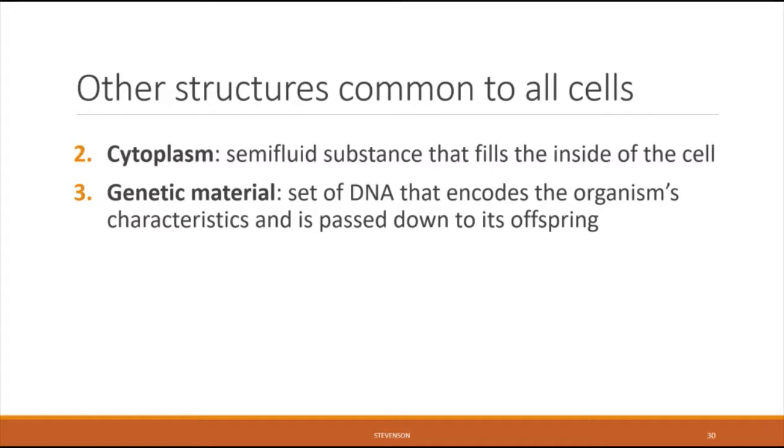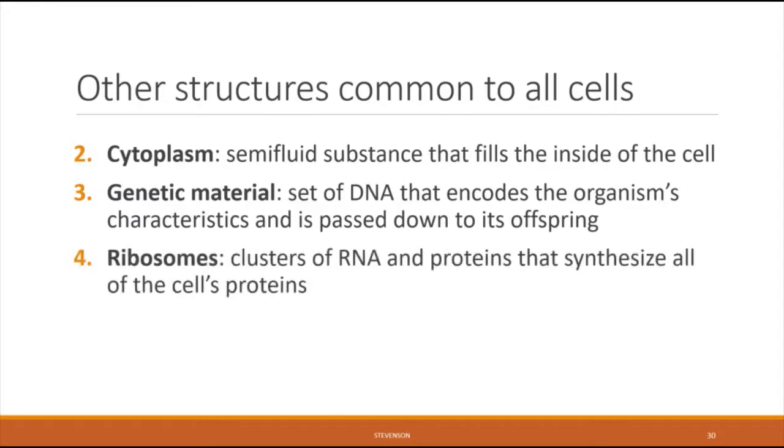And the fourth and final characteristic that all cells have in common is they all possess ribosomes, which are clusters of RNA and proteins that are essentially protein factories. These are responsible for synthesizing all of the proteins in a cell, which we already know have very important roles for the cell, so it makes sense that they are found in all living cells regardless of type.